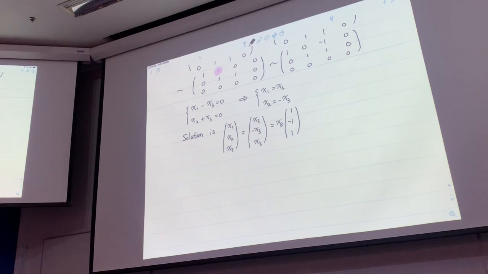So then we choose V1 equal to 1, negative 1, 1 as an eigenvector. Okay, so this is corresponding to.